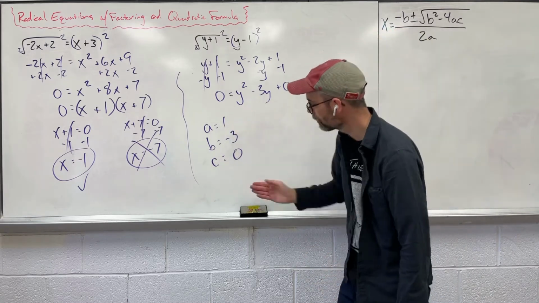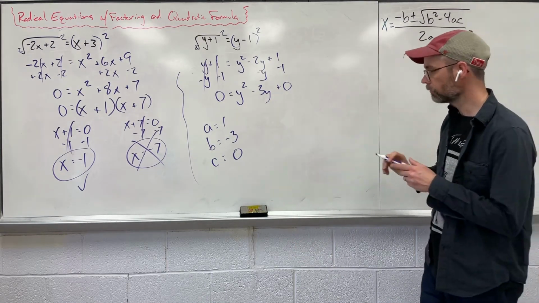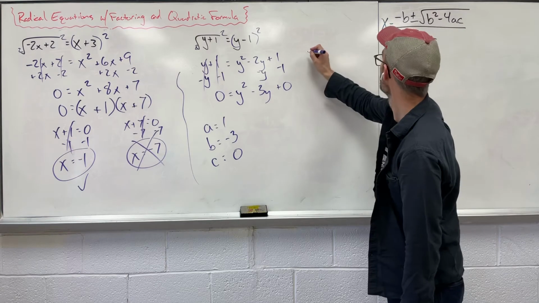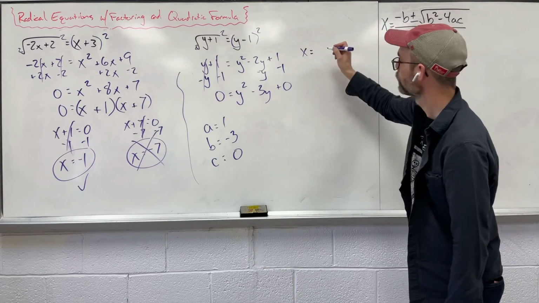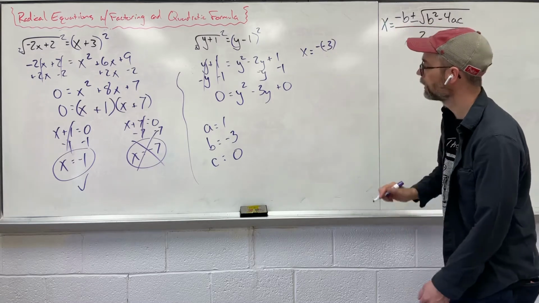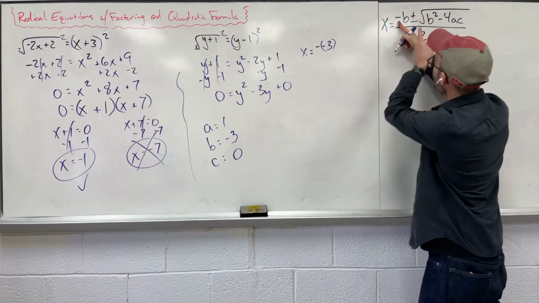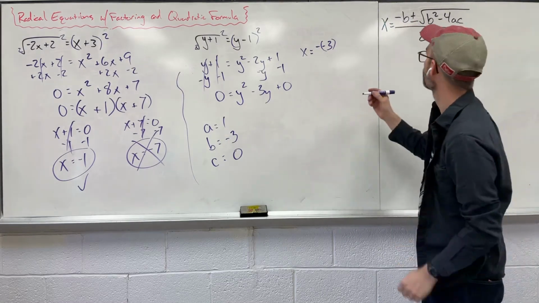So let's take these three numbers and now substitute them in all the way up here. So we get y equals negative negative 3. What just happened is I have a negative in my original formula, and I'm taking this number and putting it next to it in place of b, so both negatives stay.